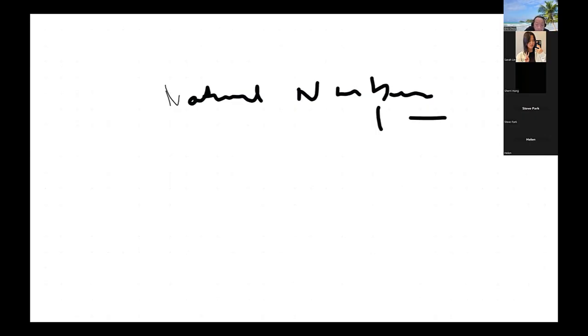First thing, let's define something called a natural number. So what is a natural number? A natural number is from 1 to infinity, right? Any number that's greater than 0.